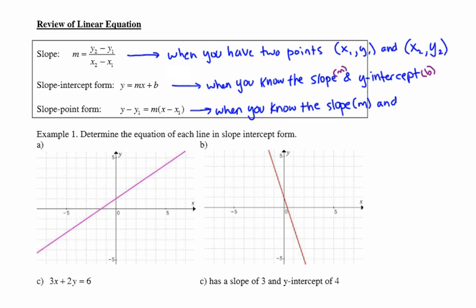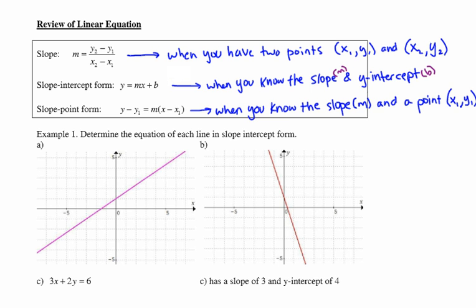It's actually derived from the slope formula. It really is the slope formula rewritten. And a point, the point x1 comma y1. So if we don't know our y-intercept, we have to use the second formula. It has been a long time since you've seen this, so if you don't remember, it is okay. We'll practice and hopefully it'll come back.